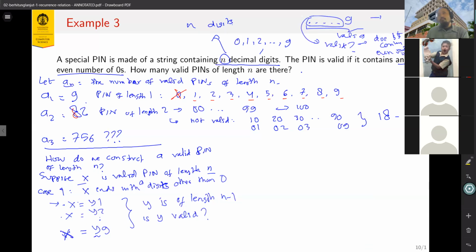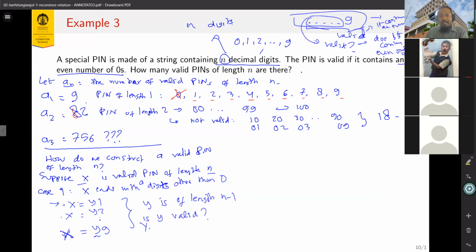You know that the whole thing is valid, then it contains an even number of 0s. It's valid because the number other than y is 1 to 9, not 0. Yes, correct. So is y valid?